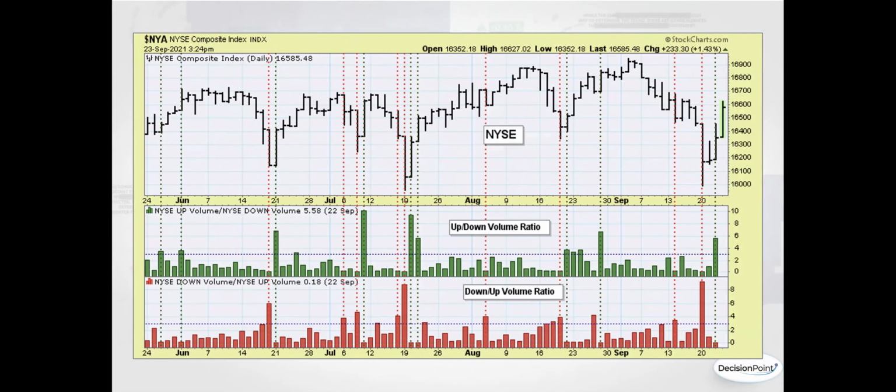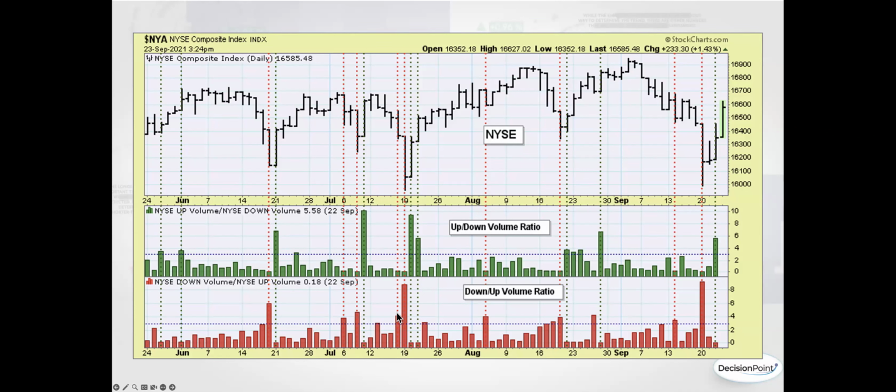All right, so here's our first chart. This is of the NYSE. And as you can see, this is just the up and down volume ratios. On the green vertical dotted lines, those are considered upside climaxes. Whether it's an initiation or exhaustion is what we're going to talk about.